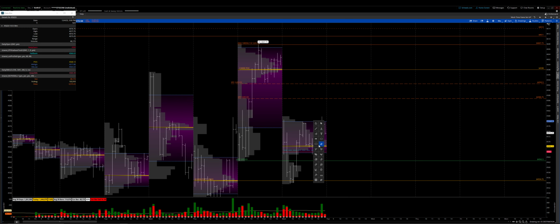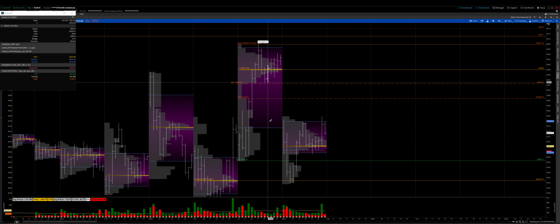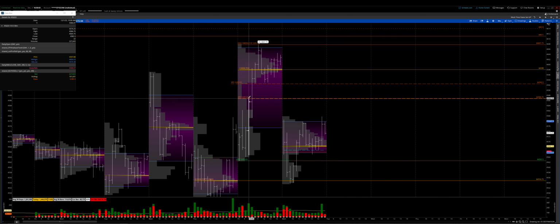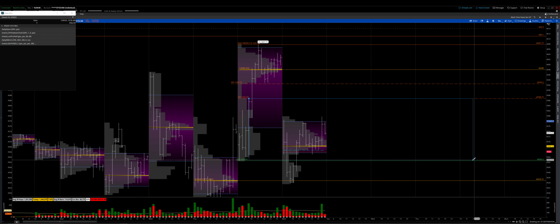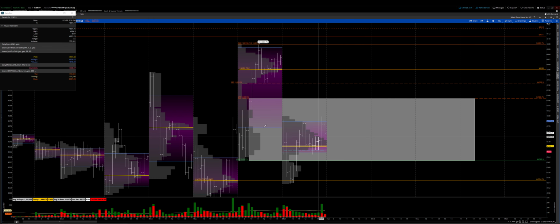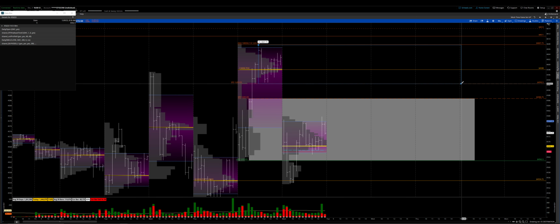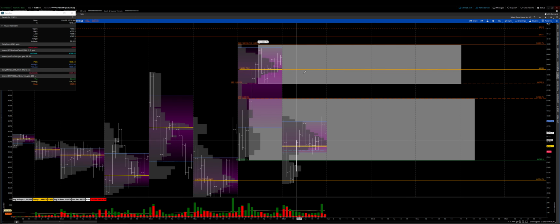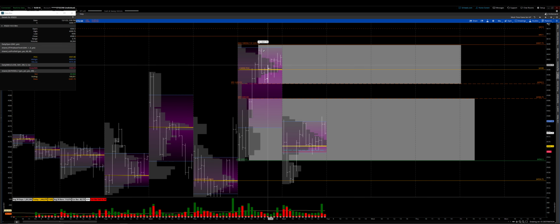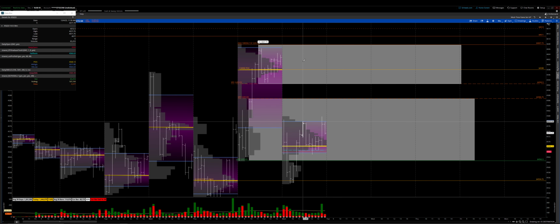Basically, what I'm about to highlight was the lower distribution. So, not the worst thing for sellers to have closed in the lower distribution. Where I'm highlighting up top is the upper distribution, right? Buyers wanted to open up here above the non-wide point of control, get the daily and that weekly high at 46.0775, continue the one-time framing up on the weekly, and continue the one-time framing up on the daily.